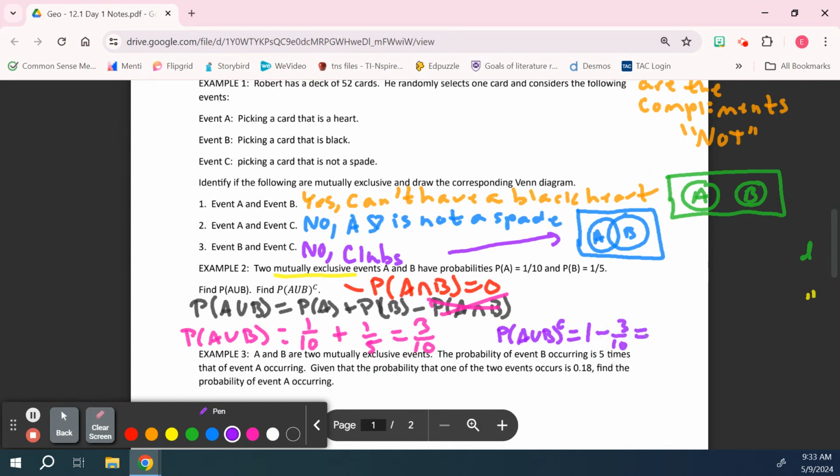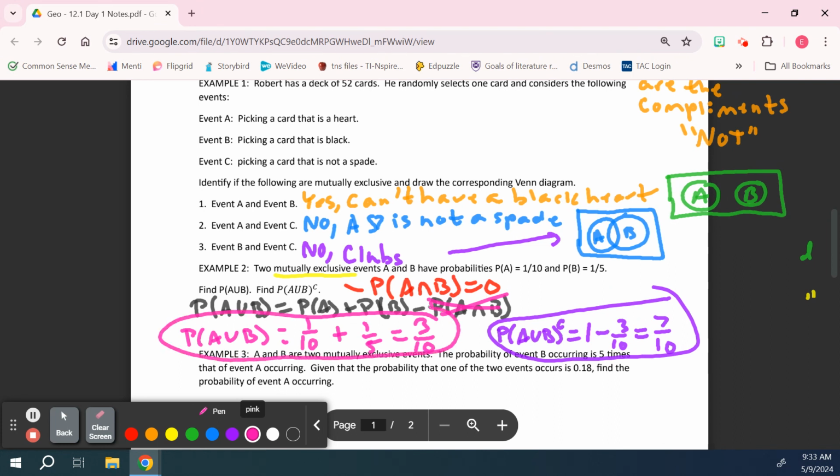What's 1 minus 3 over 10? Good. 7 tenths. So there's that one. And there's that one. Are there any questions so far that I can address?